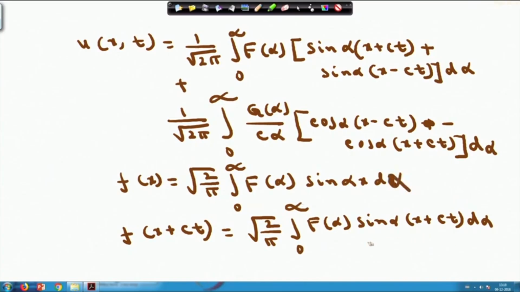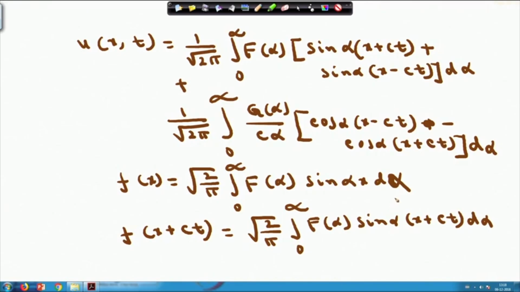Now this term, integral 0 to infinity F(alpha) into sin alpha this, effectively this integral is nothing but f(x+ct), and the other integral will be f(x-ct).